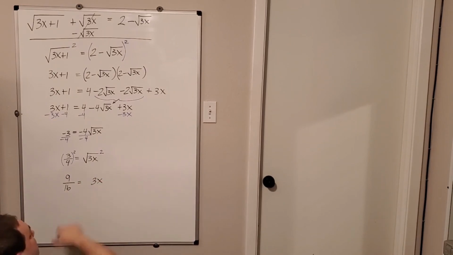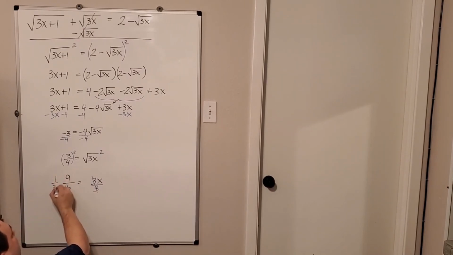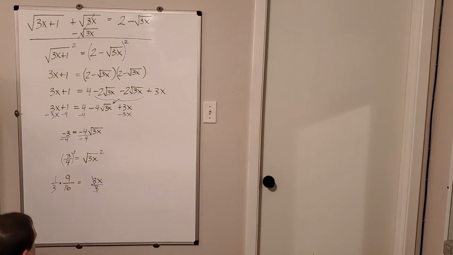But I want x, not 3x. So I'm going to divide by 3. And when I divide by 3, since this is already a fraction, I'm going to multiply by 1/3, the equivalent action here. And this is actually going to allow me, in this case, to reduce 9/3.